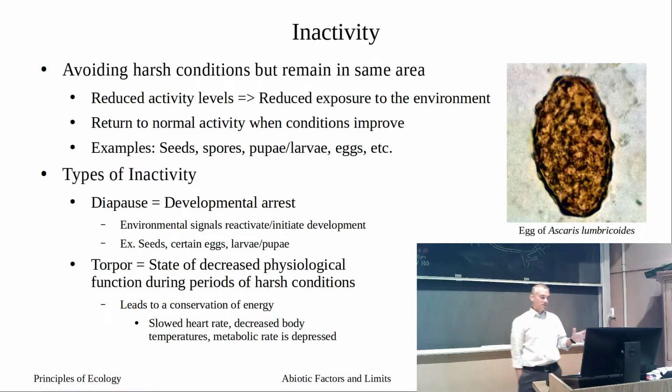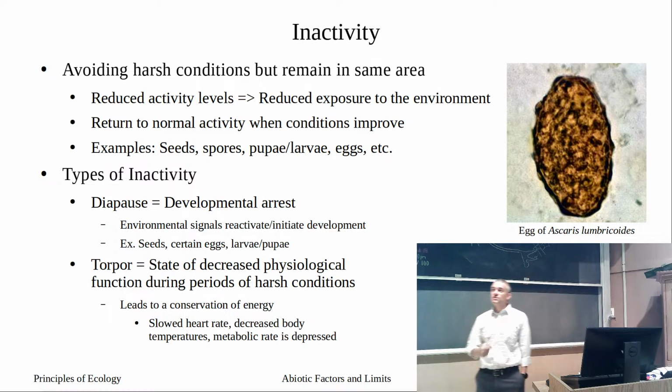We don't really do this, but other animals basically slow themselves way down to conserve energy. Often during these harsh conditions, energy is low and hard to acquire. So if they can conserve energy, they're hoping they can survive until the times improve.